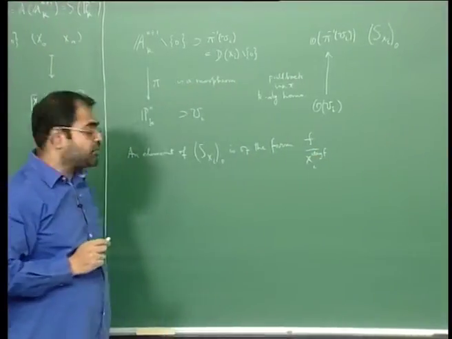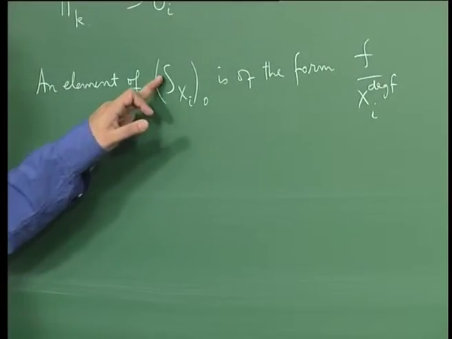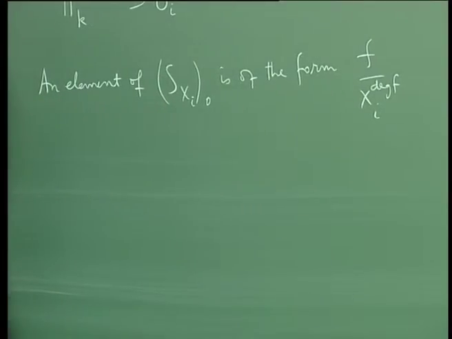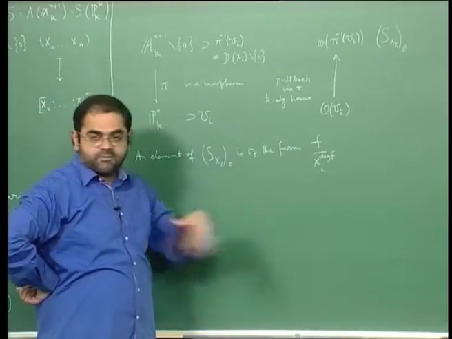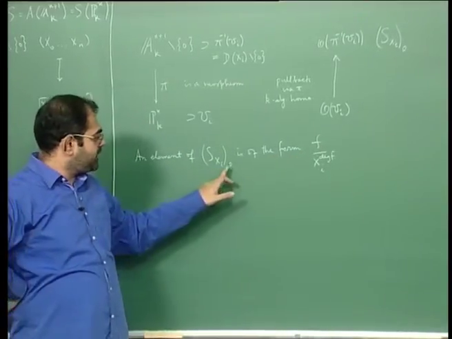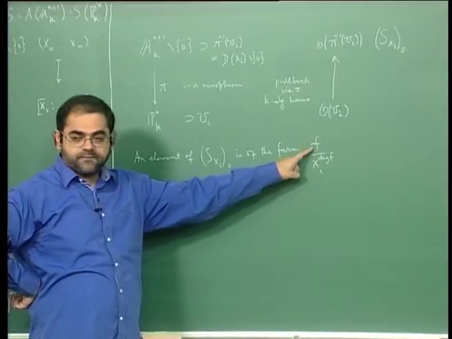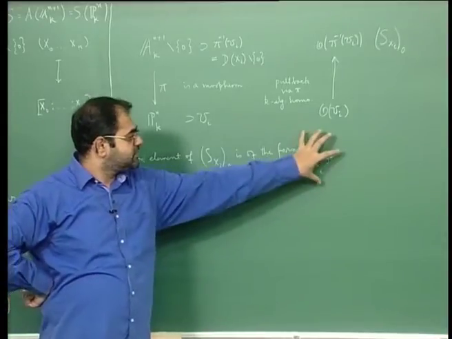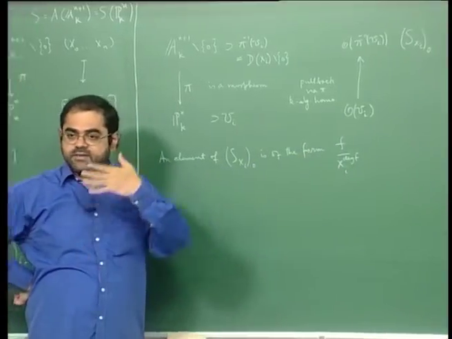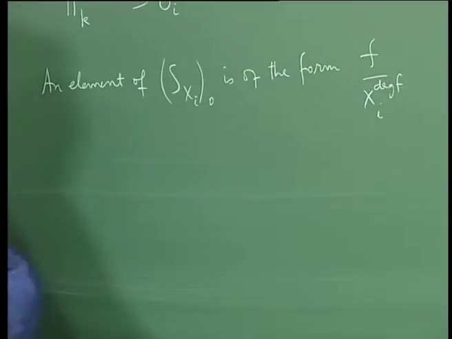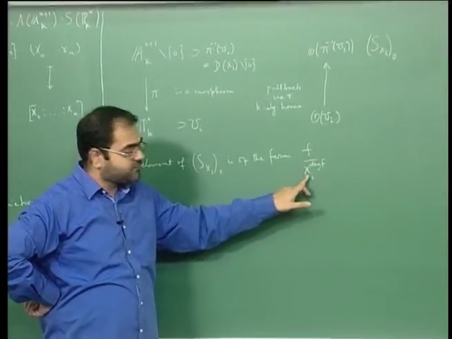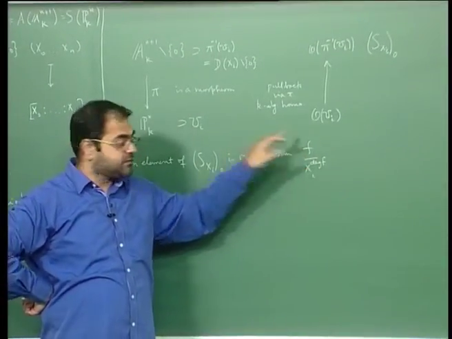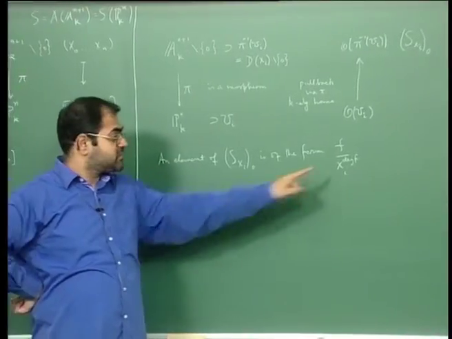S_xi, S localized at xi, is just inverting xi, so elements there will be of the form f by some power of xi. But if I want the degree 0 part, then I want the degree of this element to be 0, and the degree of a quotient is defined as the degree of the numerator minus the degree of the denominator. So if you want that to be 0, then the power of xi in the denominator should be equal to the degree of the numerator polynomial, which is supposed to be homogeneous.